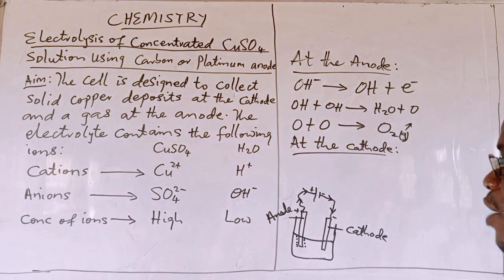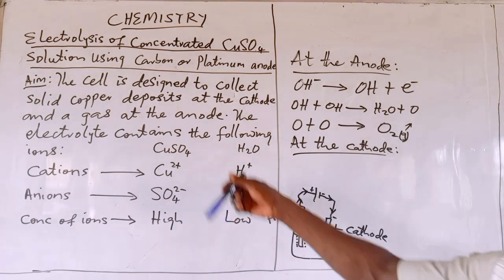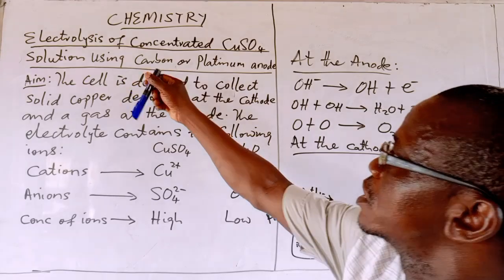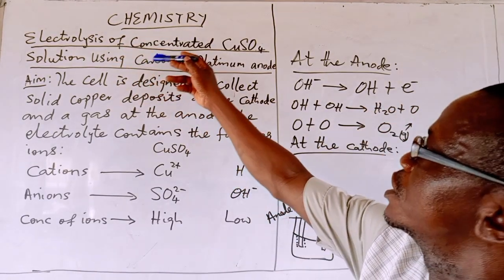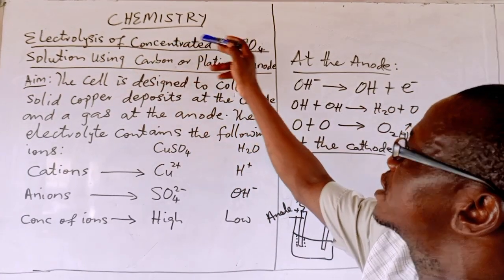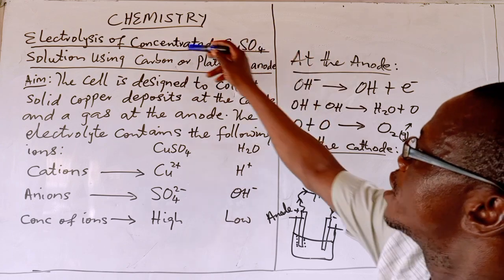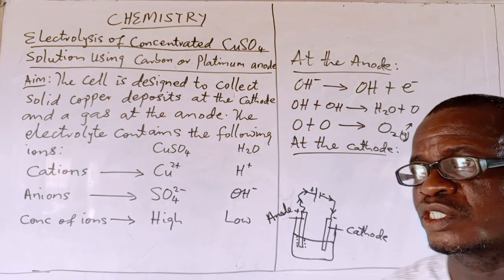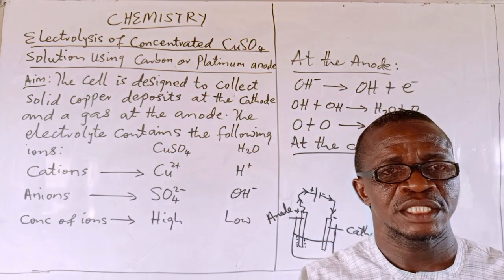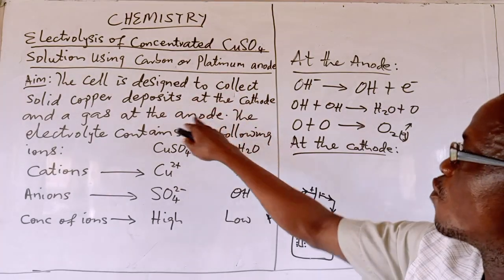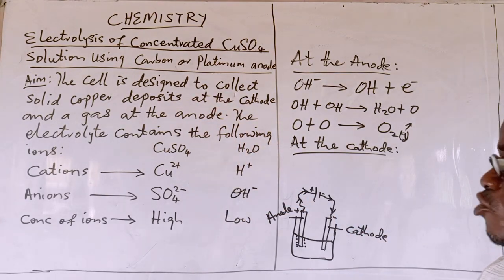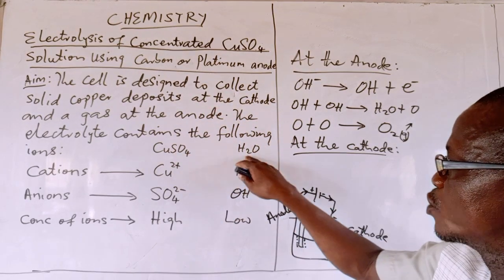And now, how do I know the one that is of higher concentration and the one that is of lower concentration? If you check the heading, they told you electrolysis of concentrated CuSO4. This concentrated CuSO4 is letting you know that CuSO4 is of more concentration than water in that solution.